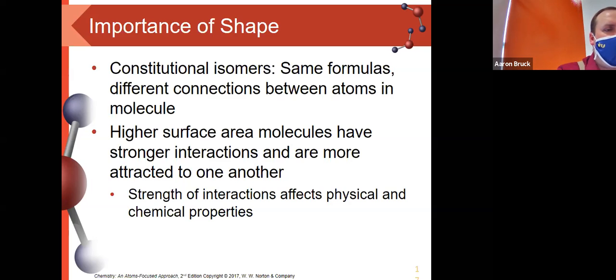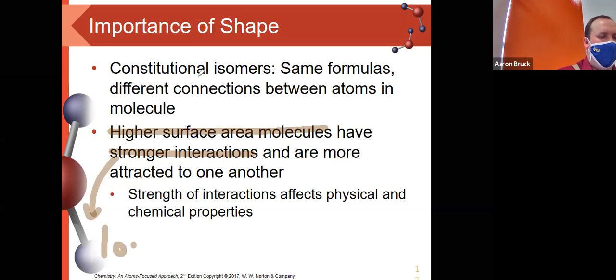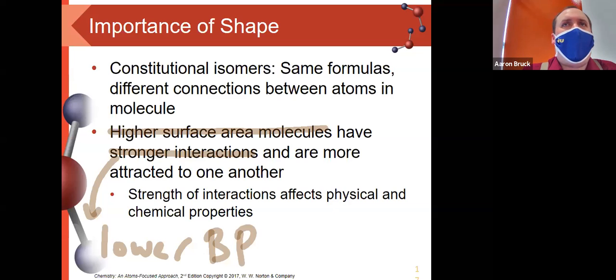And again, the trend here: those that have higher surface area have stronger interactions, and therefore higher boiling points. So the more linear the shape is, the less branched out it is, the more surface area it has, the greater the attractions will be.